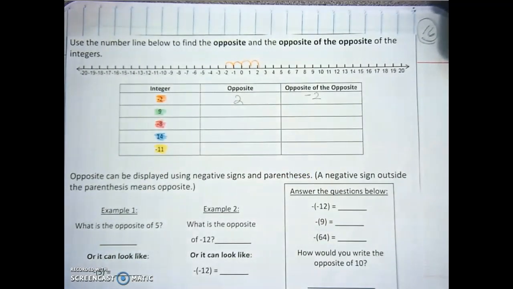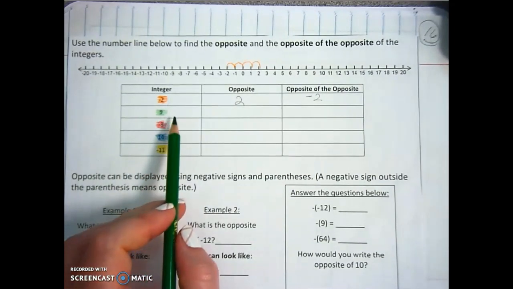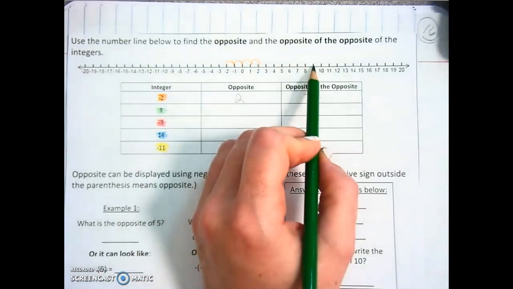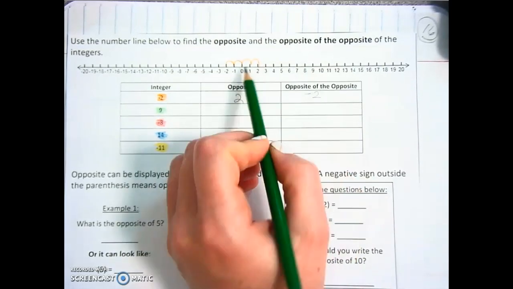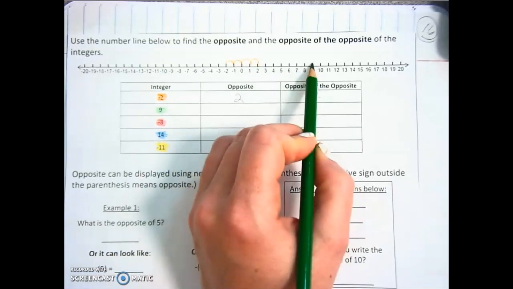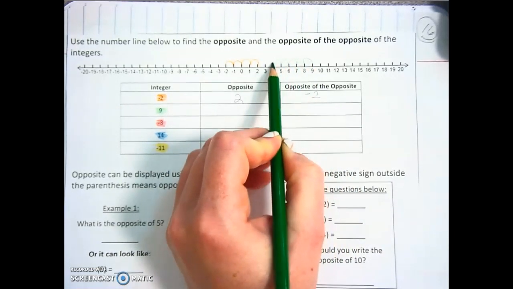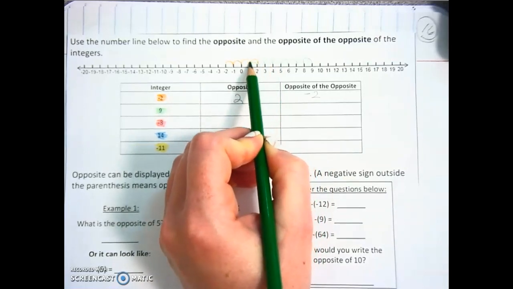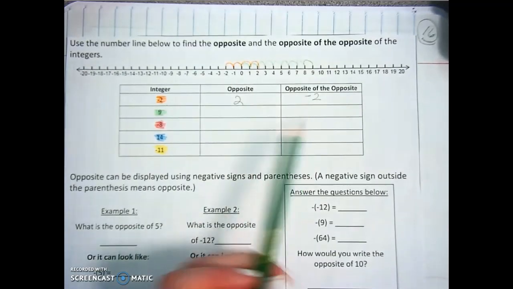All right, let's go on with the second one. The next one is +9, and that's going to be in green. I go to +9, and I'm going to count the spaces, or find the absolute value of +9, by counting until I get to 0. 1, 2, 3, 4, 5, 6, 7, 8, 9. 9 spaces between +9 and 0.